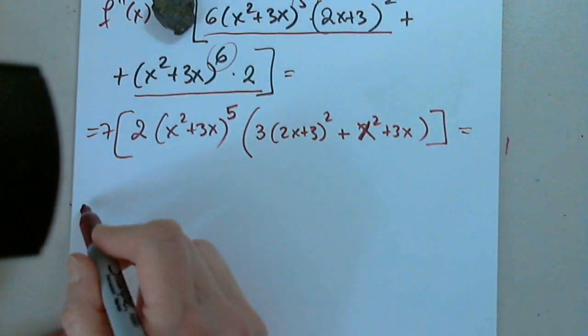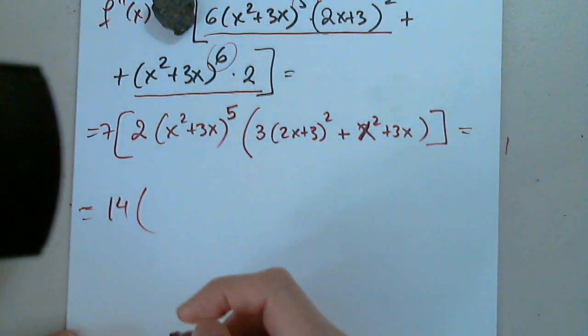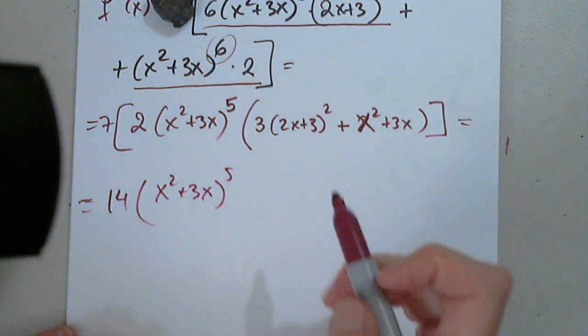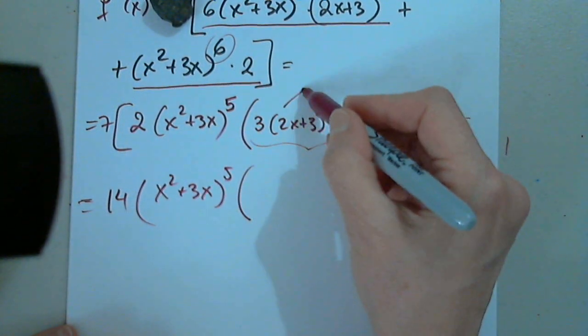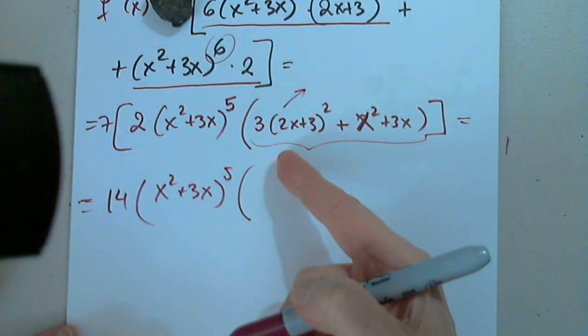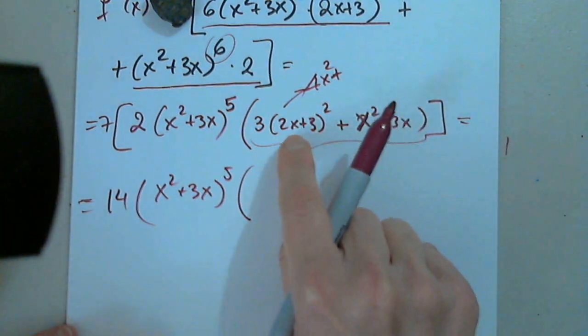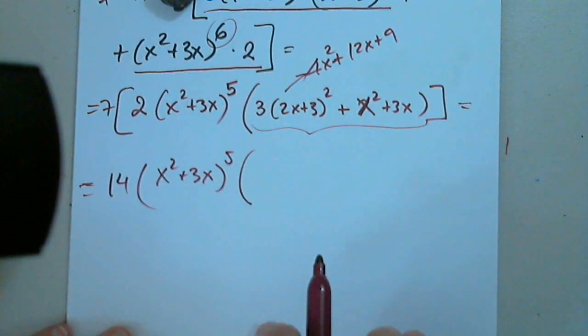So therefore, now I can say 7 times 2 is 14. I can copy the (x squared plus 3x) to the 5th power. And then here I can simplify by, first I have to square this, which is 4x squared plus 2 times the first times the second, 12x plus 9. And I will distribute 3.